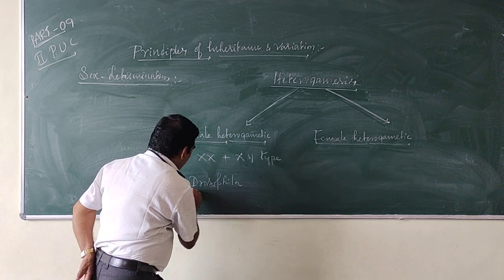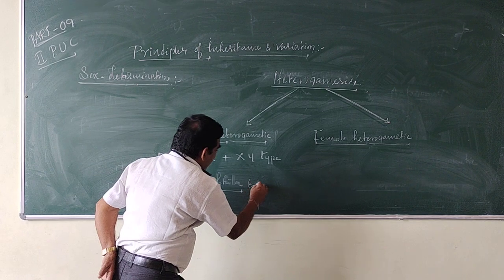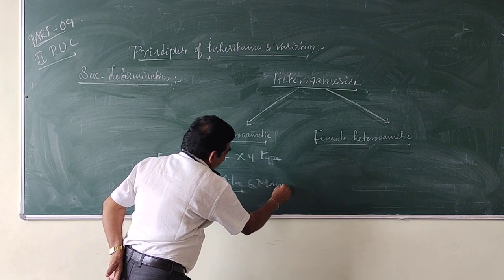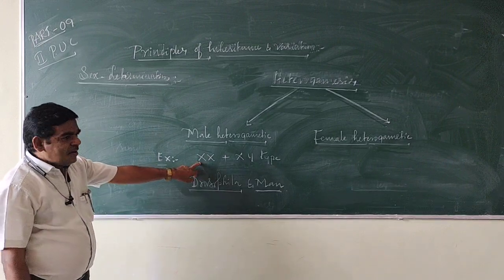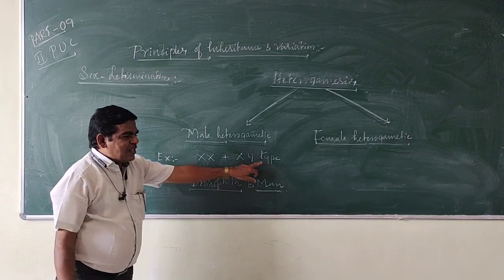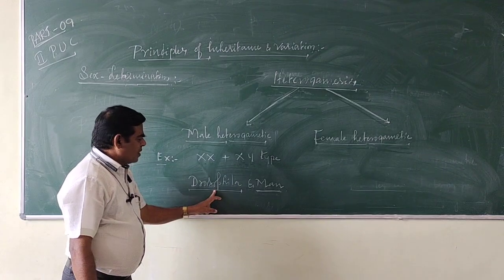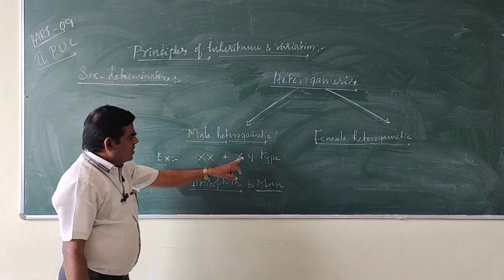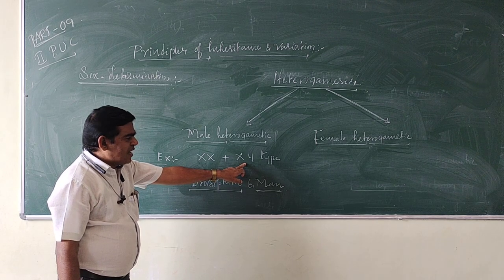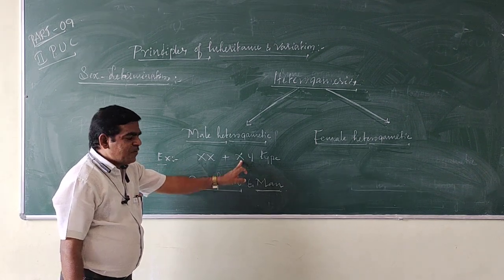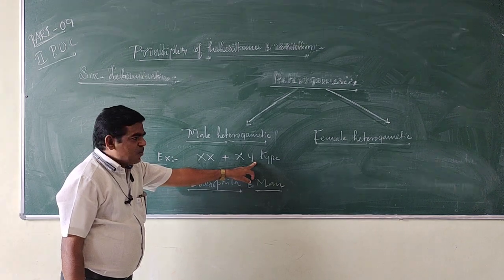Drosophila and man show this type of sex determination, XX and XY. Males are different: male heterogamety means males produce two different gametes, with X and Y chromosomes.